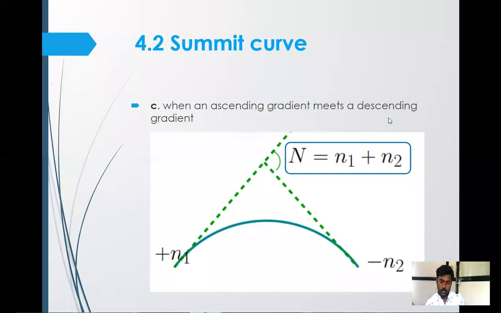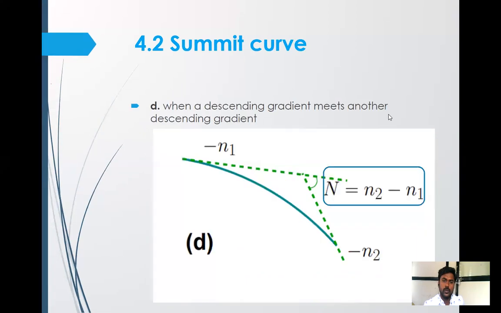You should know how the deviation angles are calculated because it will be there in the formula for calculating the length of the summit curve. So you need to understand how the deviation angle is calculated as it is required for calculating the length of the summit curve. Fourth case, when a descending gradient meets another descending gradient, that is N is equal to n2 minus n1, the deviation angle.